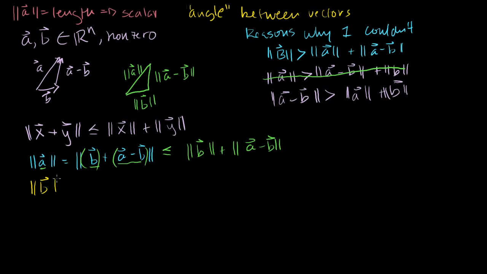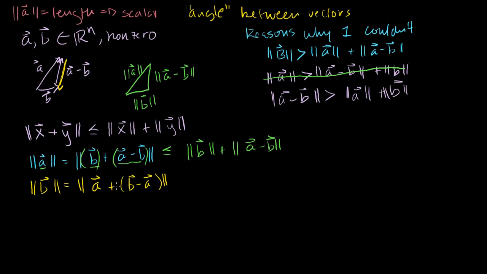Now let's look at B. Is there any way that I can rewrite B as a sum of two other vectors? Well, sure. If that vector right there is A minus B, the same vector in the reverse direction is going to be the vector B minus A. So A plus the vector B minus A, that's the same thing as B. And you can see it right here.